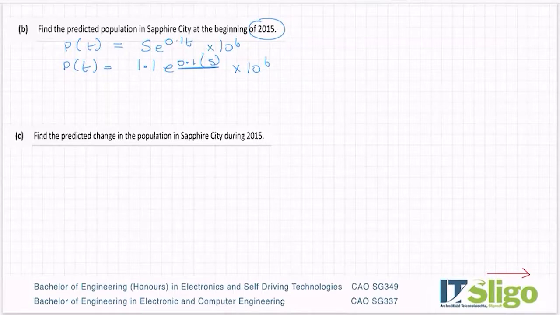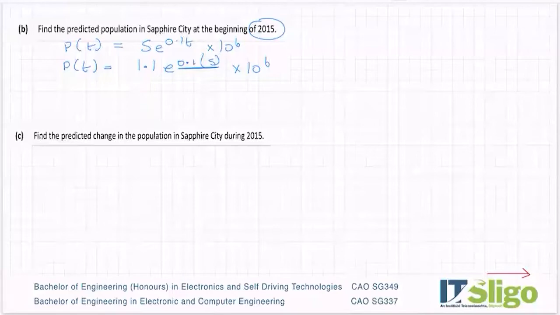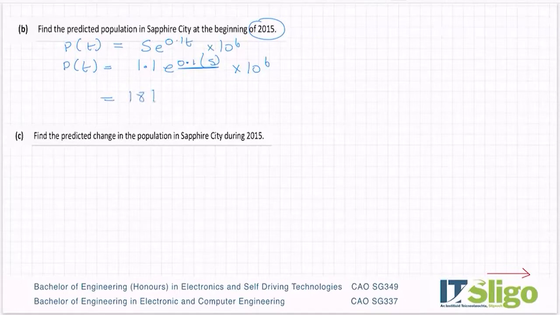And I'm getting 1813593.398. Check your calculator if you didn't get that, because it's something you're putting in wrong. I suppose they're people, so let's round it: 1813593.